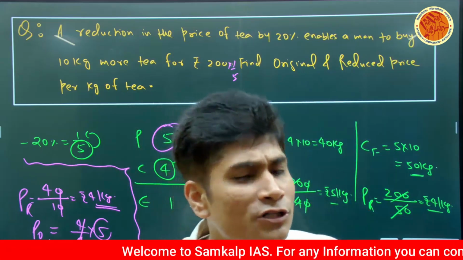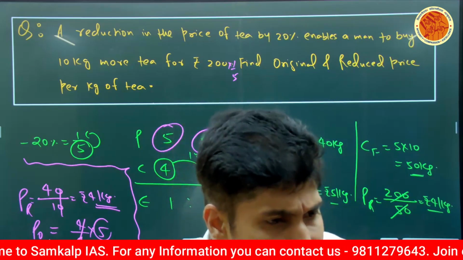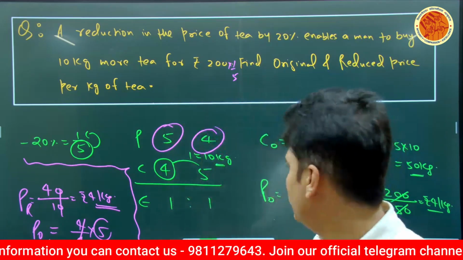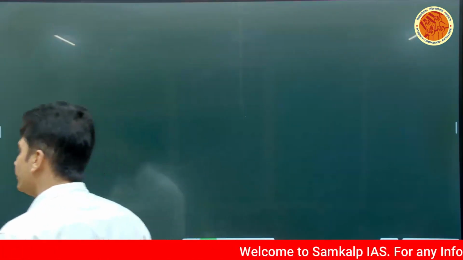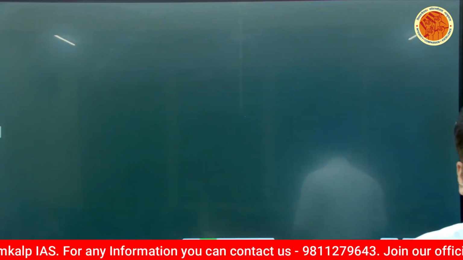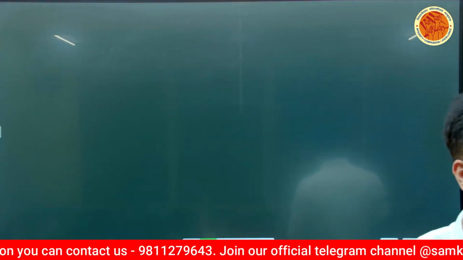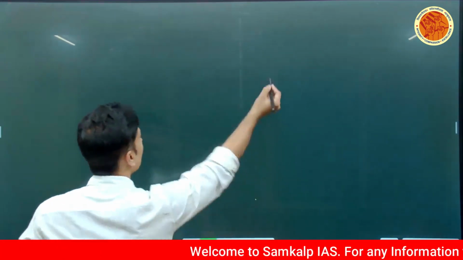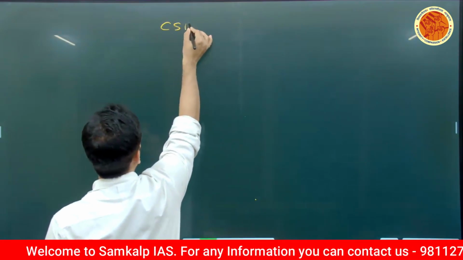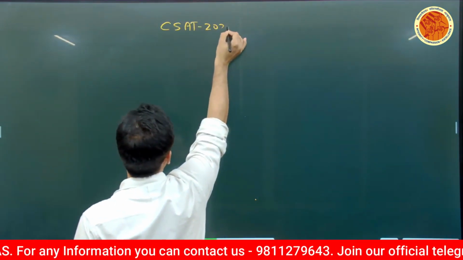Okay, so in 2025 they had given you one question. So can we move ahead with this question? The simple question is: the price of a commodity was P in CSAT 2025. I am writing fast.